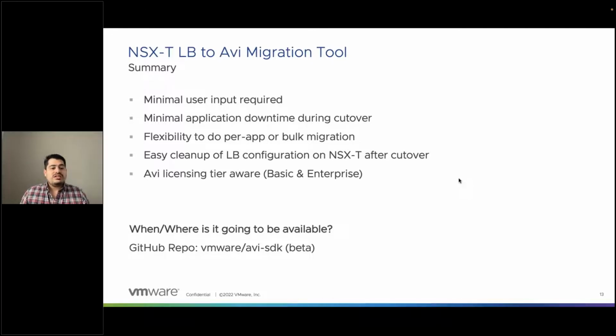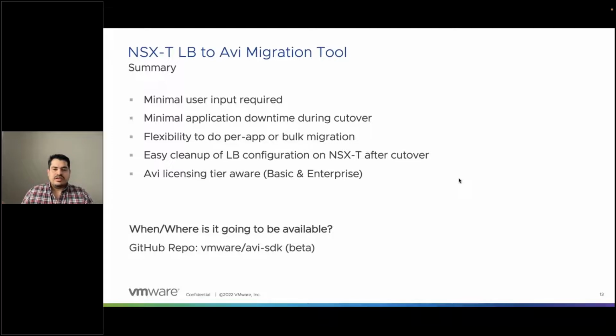So when is the tool going to be available? We expect to have the tool available around mid-July, in the first half of July. And where is it going to be available? The tool is going to be posted in the GitHub repository where the AVI SDK is. So you will be able to find not only the tool, but all the documentation.